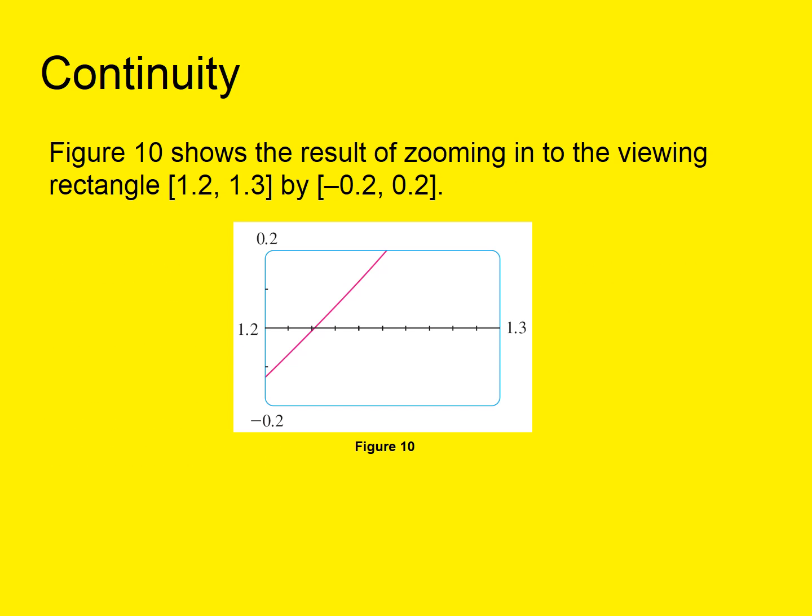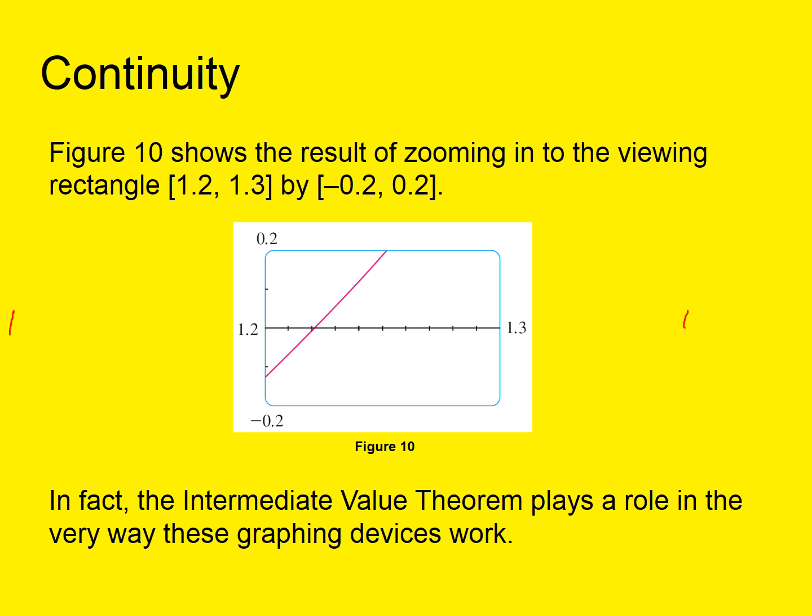Figure 10 shows the result of zooming in on the viewing rectangle. Now we've narrowed it way down from -1 to 3 to 1.2 to 1.3, and in the vertical we've narrowed it way down. So it's interesting that the Intermediate Value Theorem plays a role in the very way these graphing devices work.